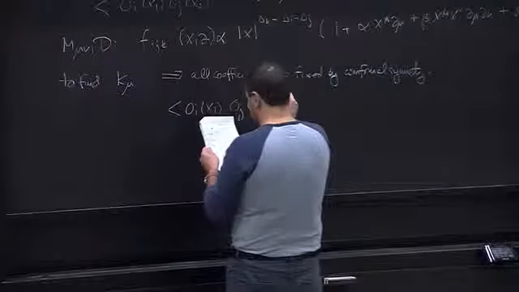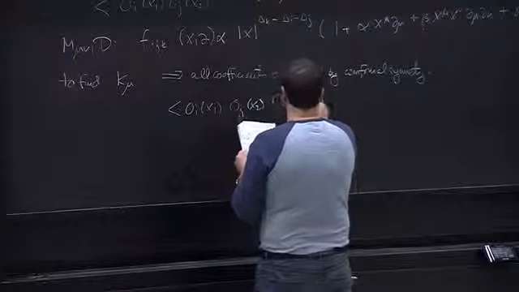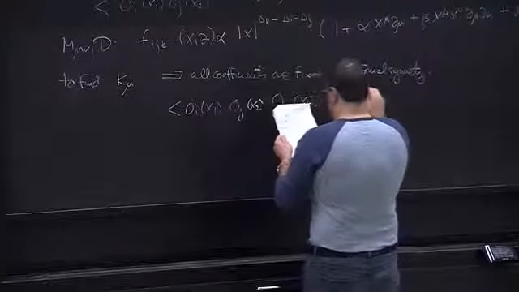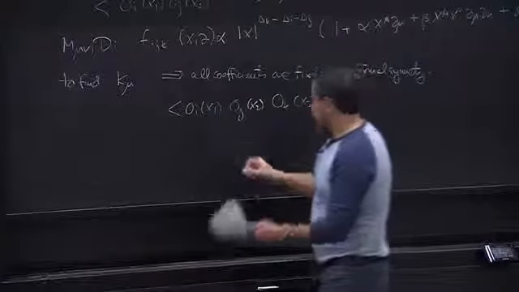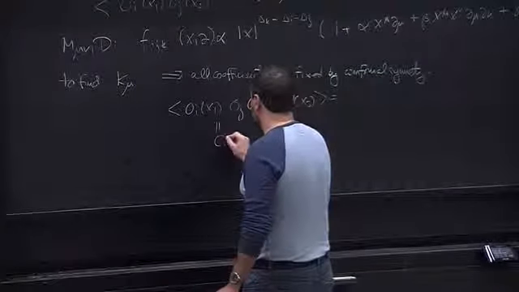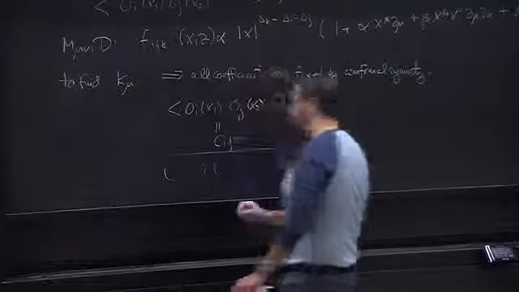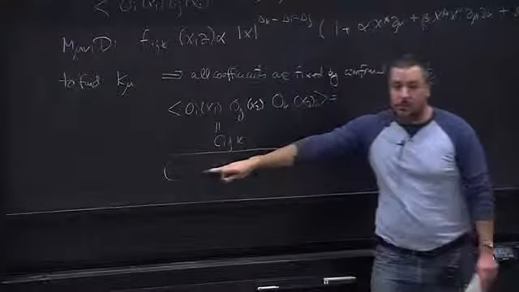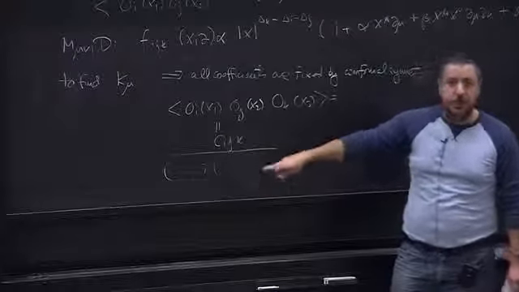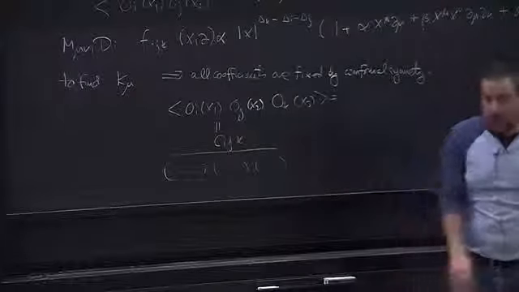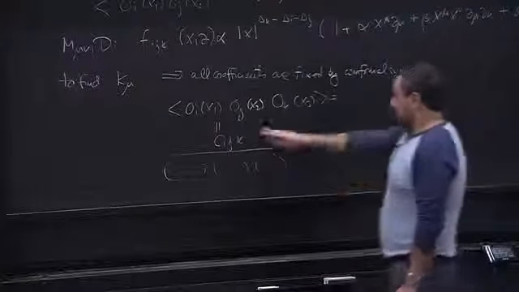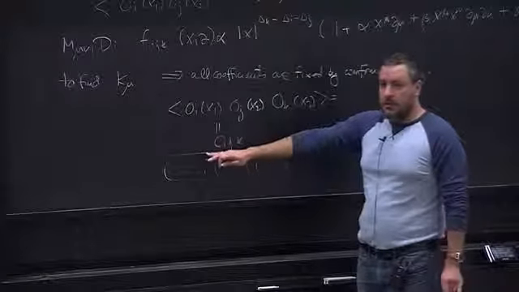So the three-point function took this form. We know what the answer for this guy was, right? C_ijk, and some denominators that I'm not going to bother to write, but this was x12 to some power, x23 to some power, x13 to some power. That's just the direct consequence of the Ward identity.